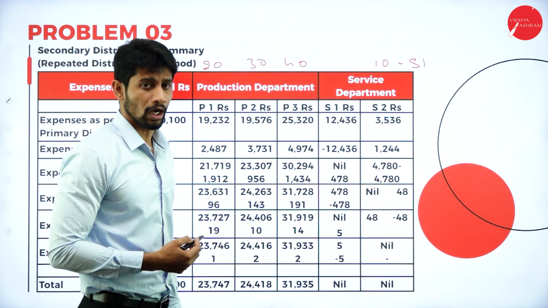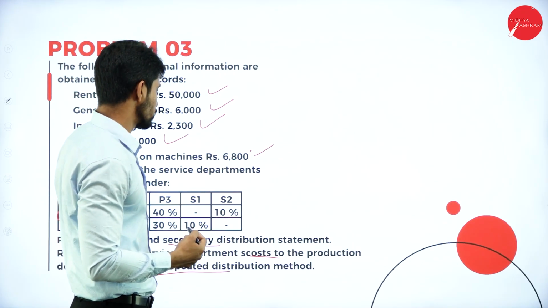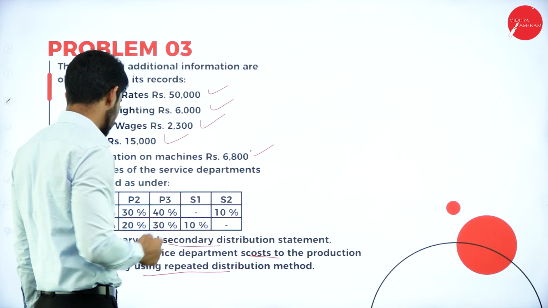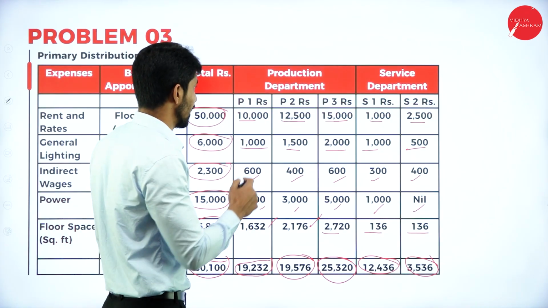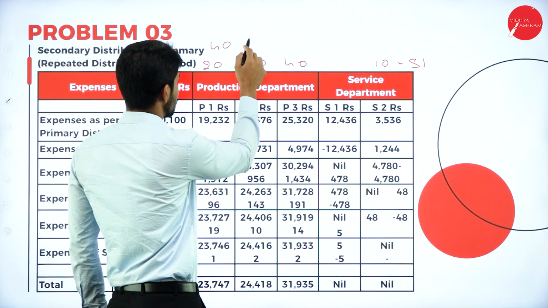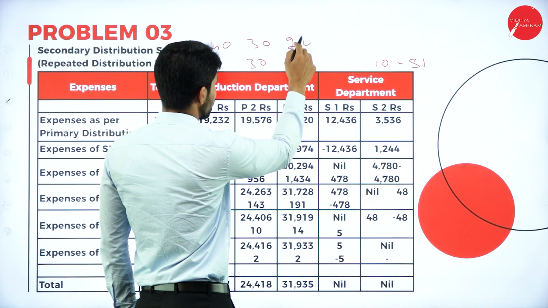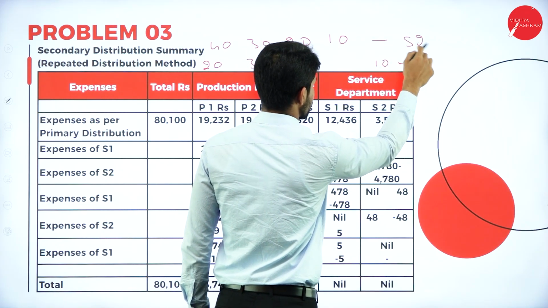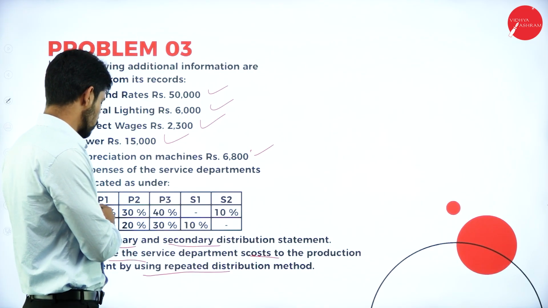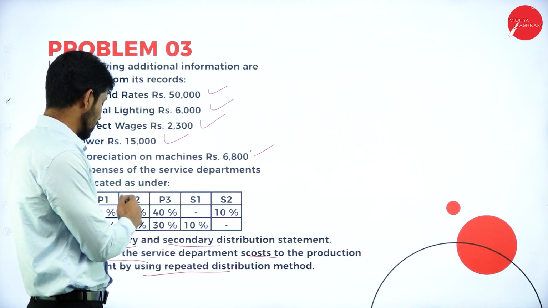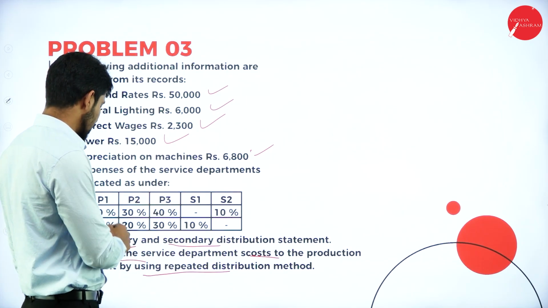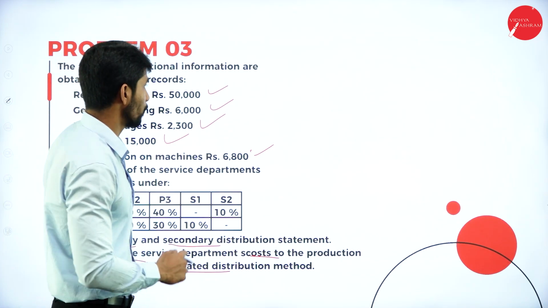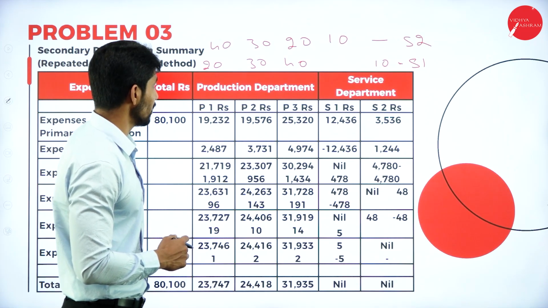How did they distribute S2? S2 is distributed in the ratio of 40, 20, 30, 10 and nil. Once more, S1 is distributed in the ratio of 20, 30, 40 and 10, and S2, service department 2, is 40, 20, 30, 10.